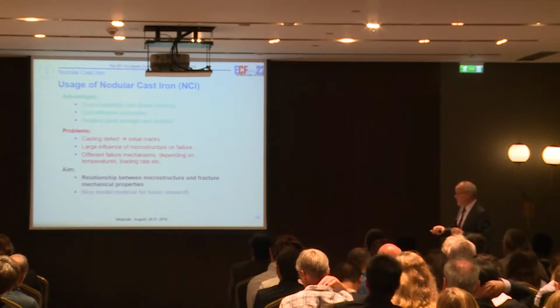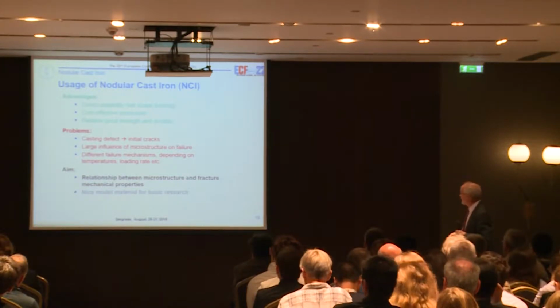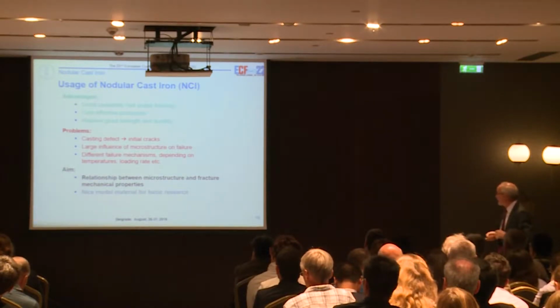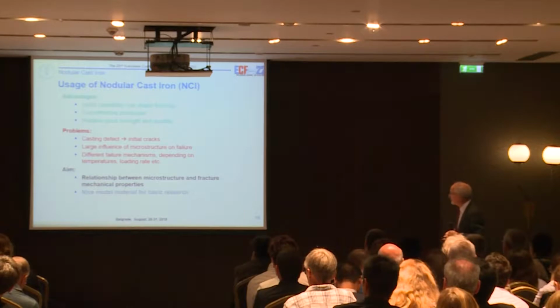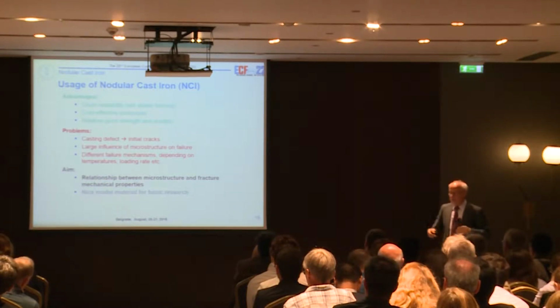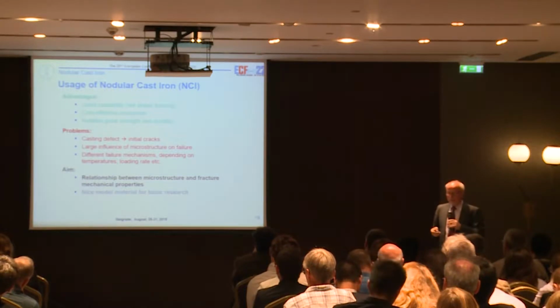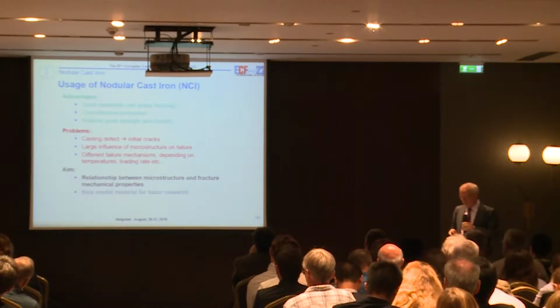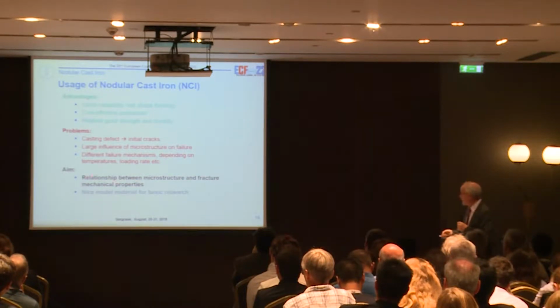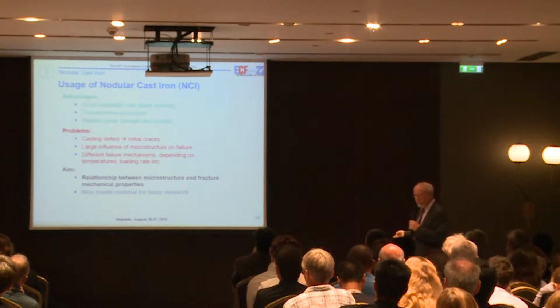The problems are casting effects, which are regarded as initial cracks, and we have a large influence of microstructure and also the manufacturing technology, casting, the mold, sand, and all these things, and across the thickness of the big parts, the microstructure will vary. So our aim was now to find a relationship between the microstructure and the fracture mechanical properties.